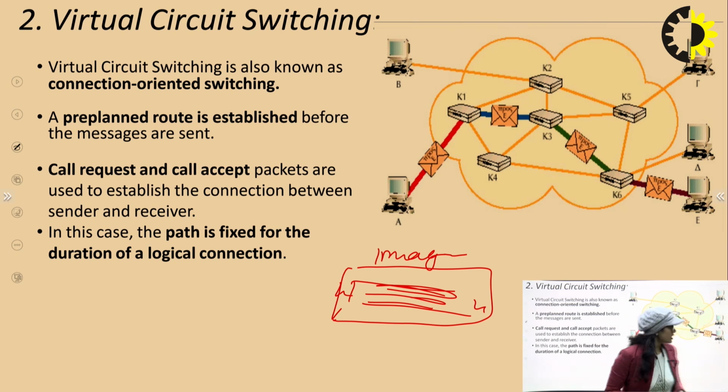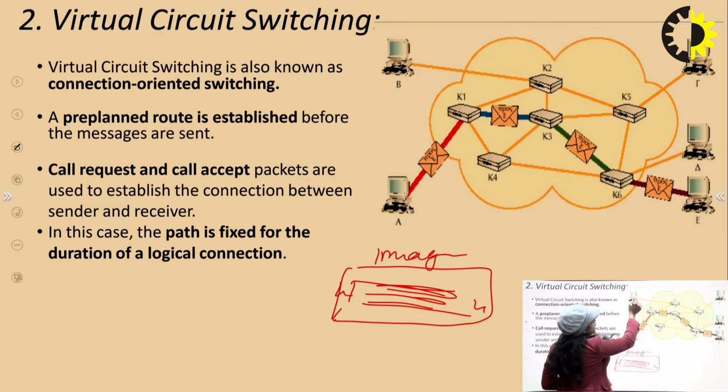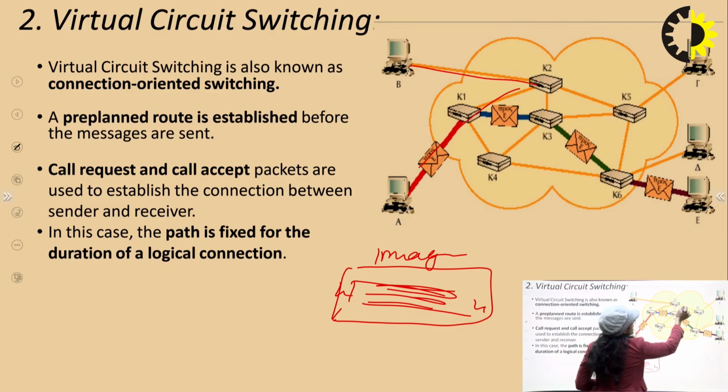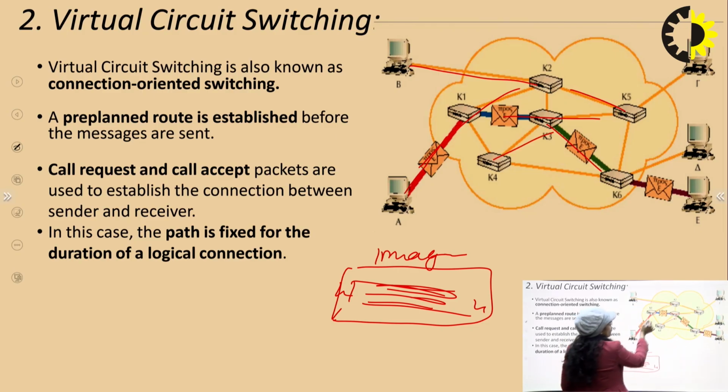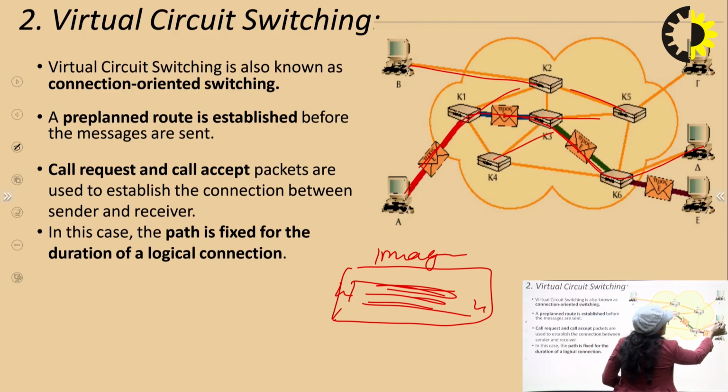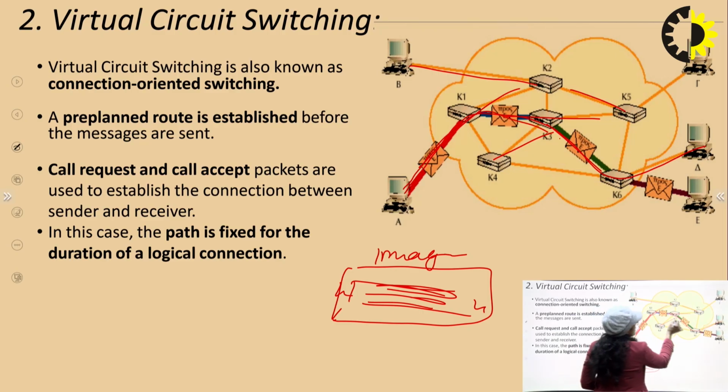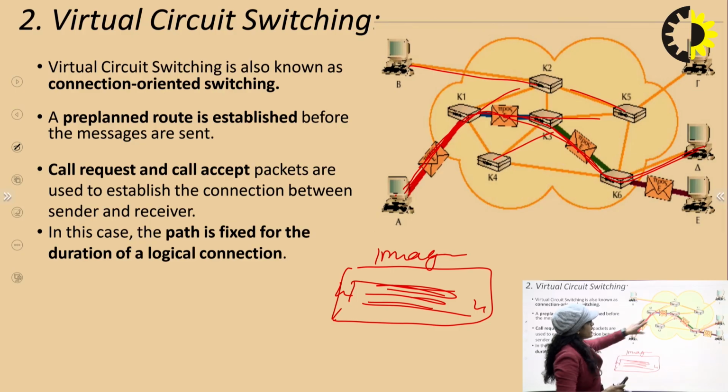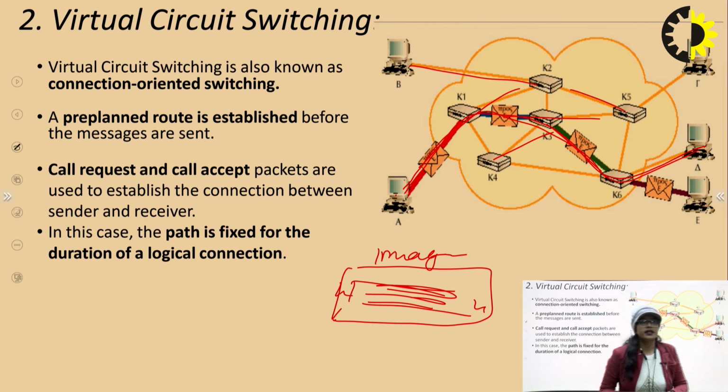So basically in this figure we have more than one path to reach the destination, but we will take only this path. This is a virtual path between the sender and receiver, and we will treat it as virtual. Whenever your transmission is finished, this particular path is disabled, right? So this is the virtual circuit.